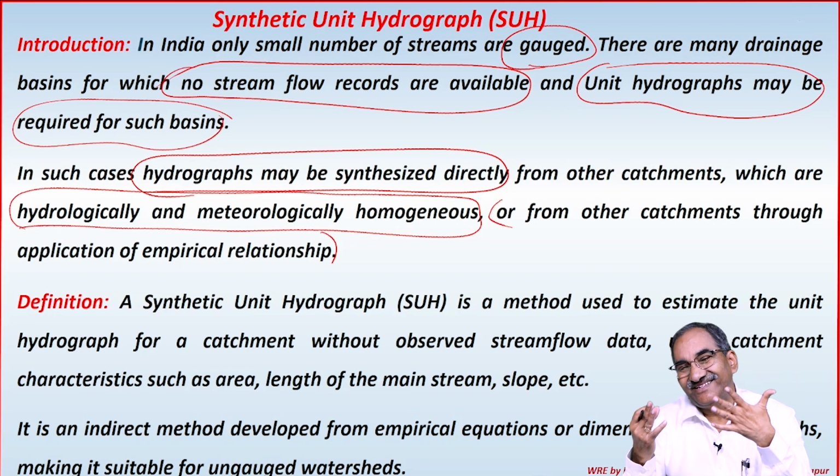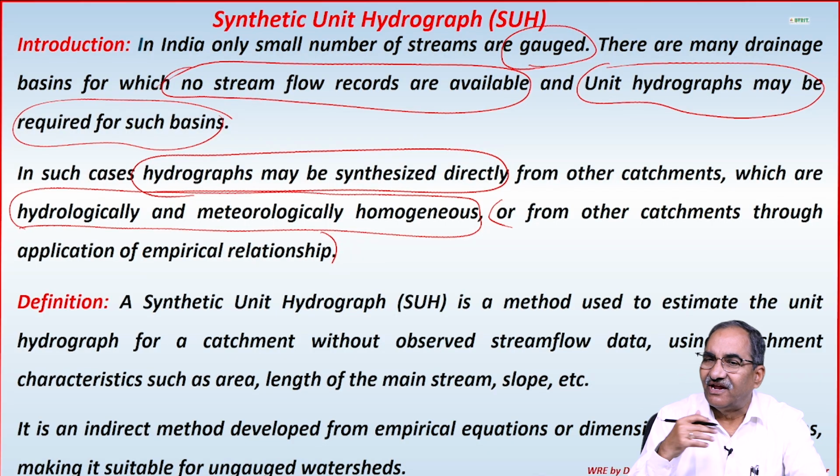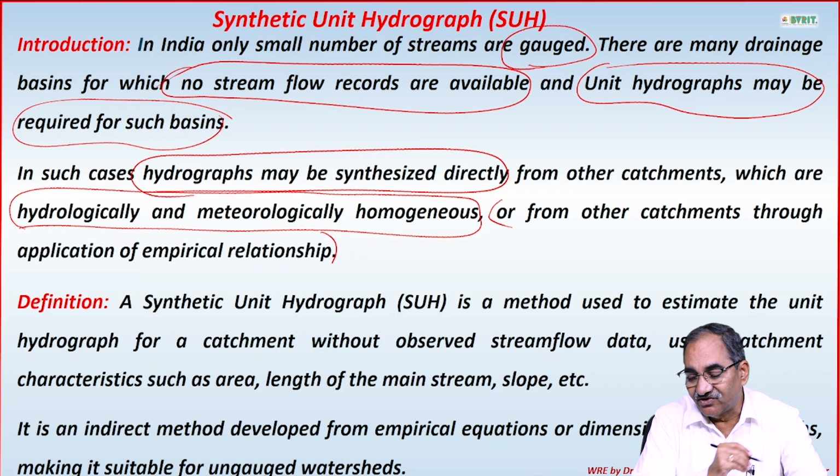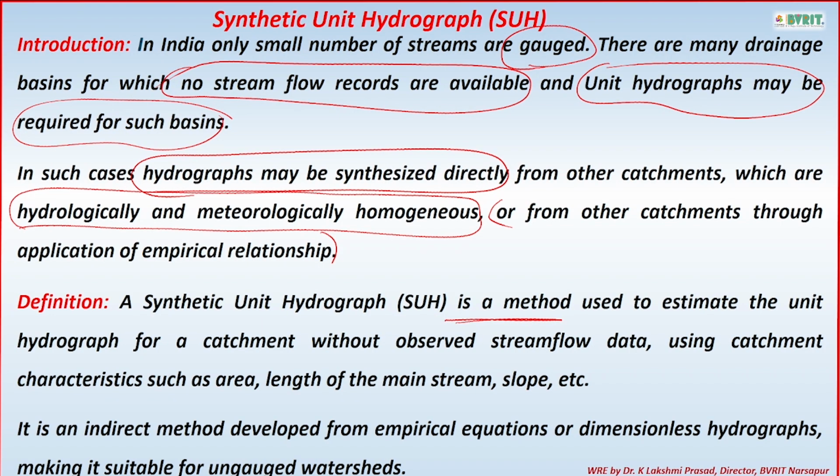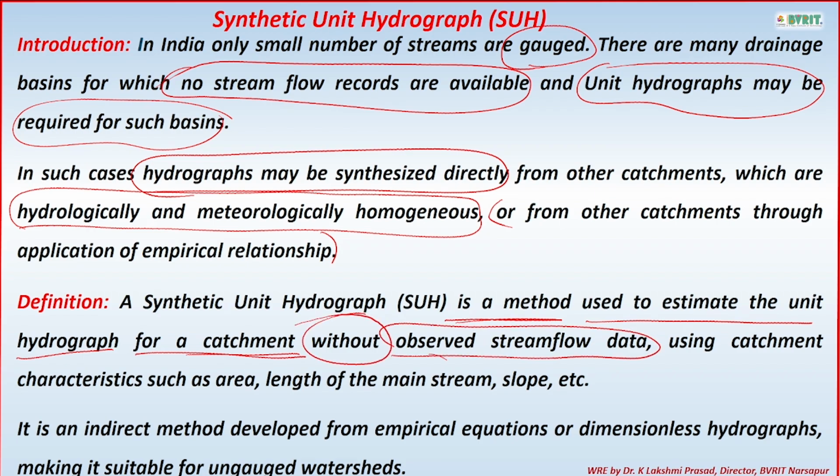So now, what is the synthetic unit hydrograph definition? A synthetic unit hydrograph is a method used to estimate the unit hydrograph for a catchment where the observed stream flow data is not there at all.